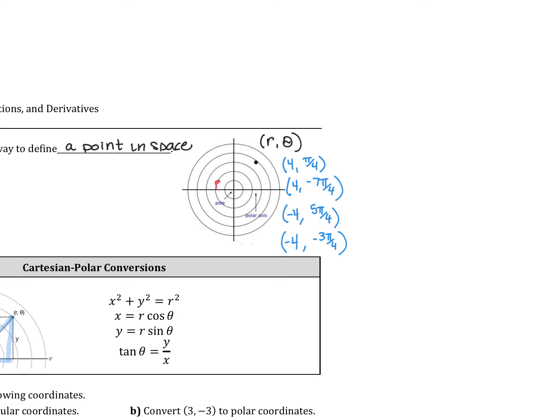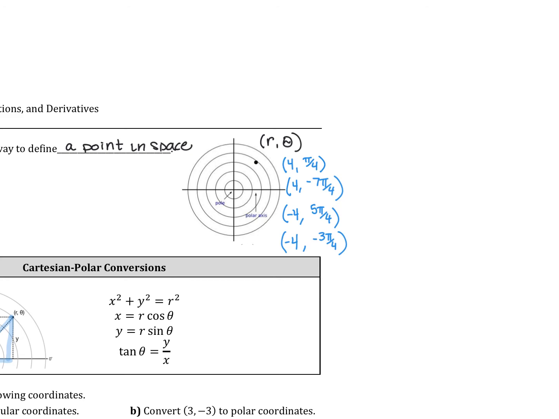Does it make sense if we were to put this on a rectangular coordinate system that this might be the ordered pair negative root 3, which is more than 1 but less than 2, so negative 1.7 maybe. Don't have my calculator in front of me. And positive 1. Does that make sense where that point is at, that could be the coordinate? And yeah, we can see that makes sense where that point is.